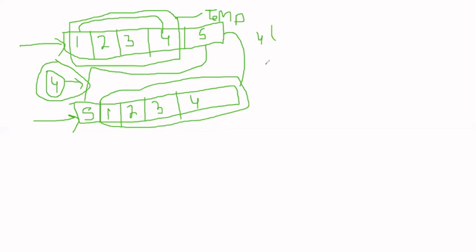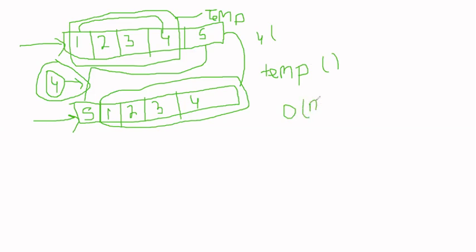So simply using a temp array, we can do it in big O of n. We iterate only a single loop, not a loop inside a loop. So after using the temp array, we'll get the time complexity as big O of n.